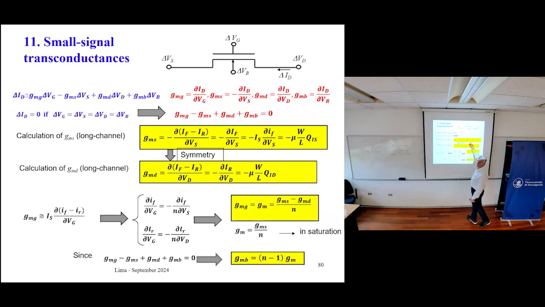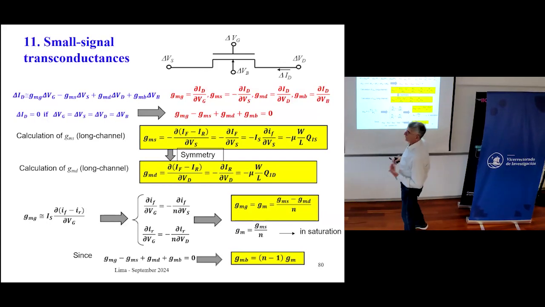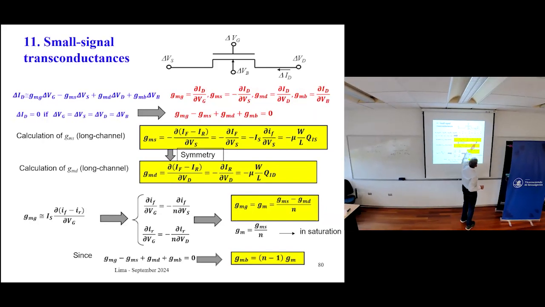This derivative equals IS times the derivative of small if over VS. Now I go back to the expressions that I know. I won't derive them once again, and we can conclude that the derivative equals minus mu W over L QIS, which is the inversion charge density at the source. Okay?